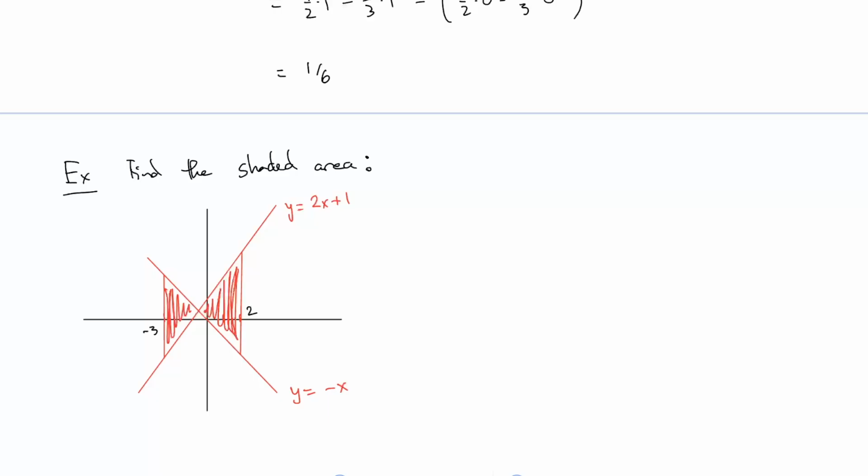All right, we're going to do the same thing from before. It's the integral, and I go the bigger minus the smaller. What's interesting about this one that didn't happen before is that the two curves cross in the middle.